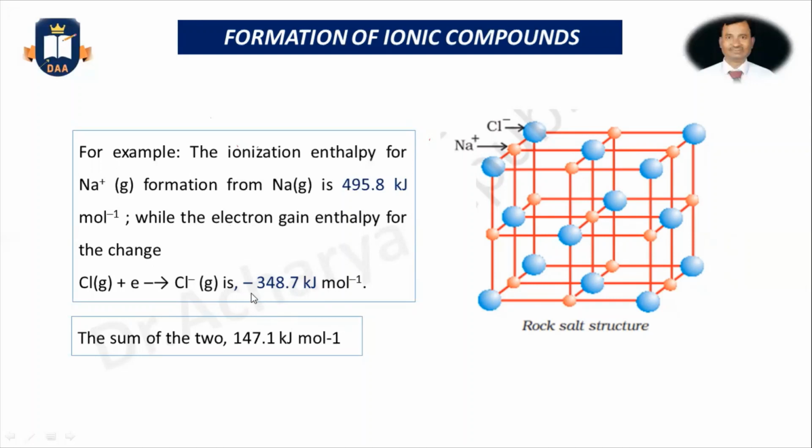Its electron gain enthalpy is minus 348.7 kilojoule per mole. So if you sum this, what will be the result? 495.8 minus 348.7, the result is 147.1 kilojoule per mole. Do you see, this is a positive value.